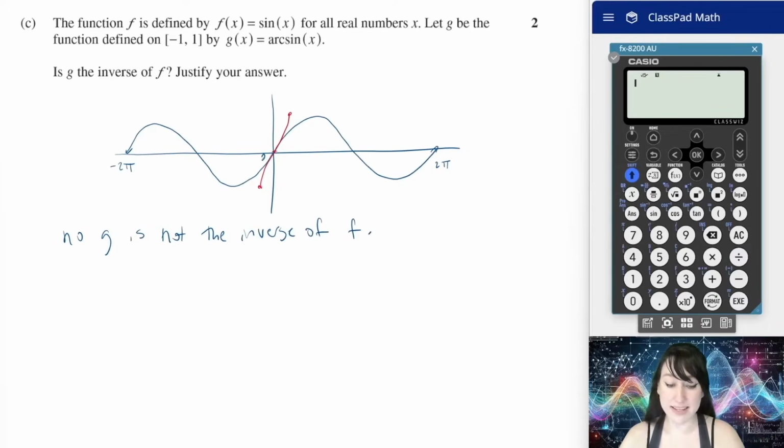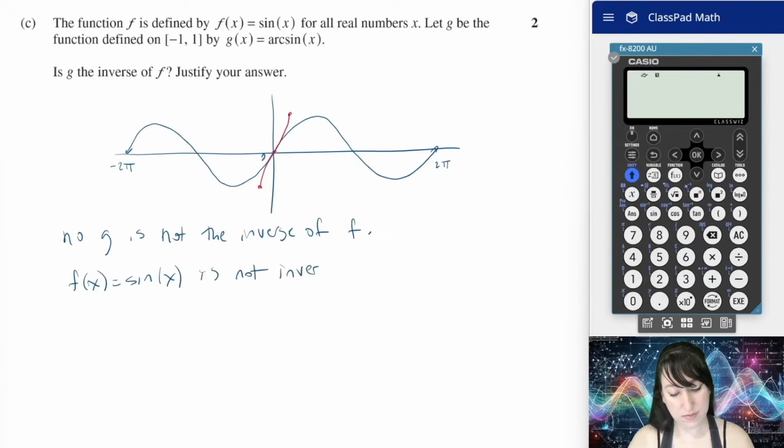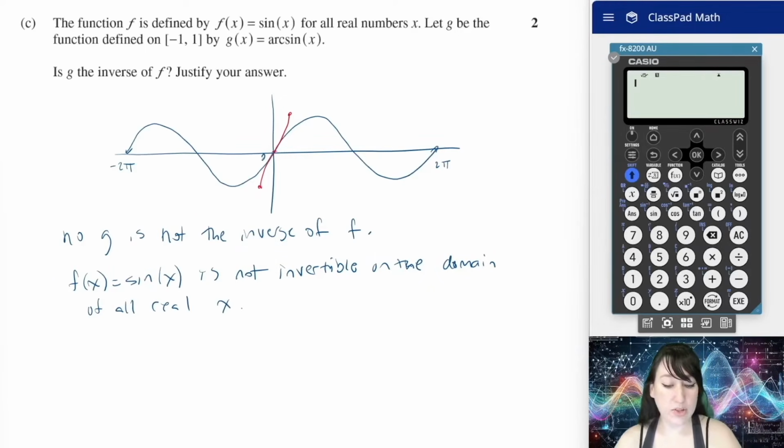What we could say is that f is not invertible if it's defined for all real x. For g to be the inverse of f, we would have to restrict its domain so that it is equal to the range of arcsine of x.